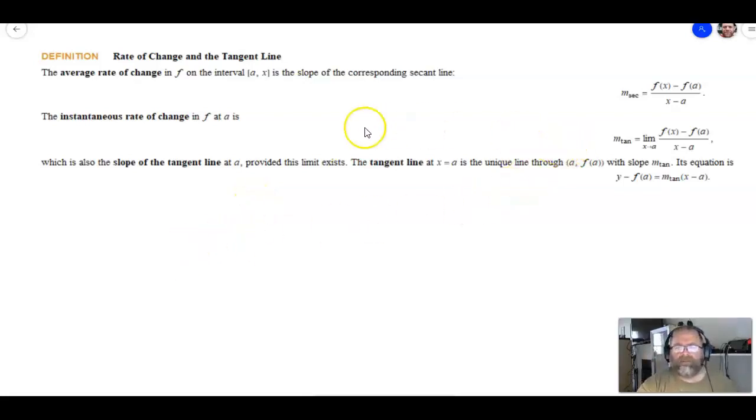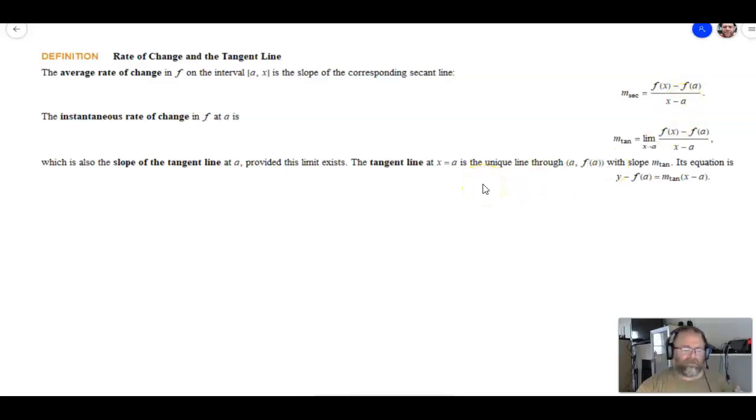So let's first of all remind ourselves of the average rate of change on some interval. Remember, we're looking at the slope of the two points from the secant line. So we already know how to do that. To find the slope of the secant line, you're really just taking y2 minus y1 over x2 minus x1, where f of x is your y2, f of a is your y1, here's your x2, and that would be your x1 in that case.